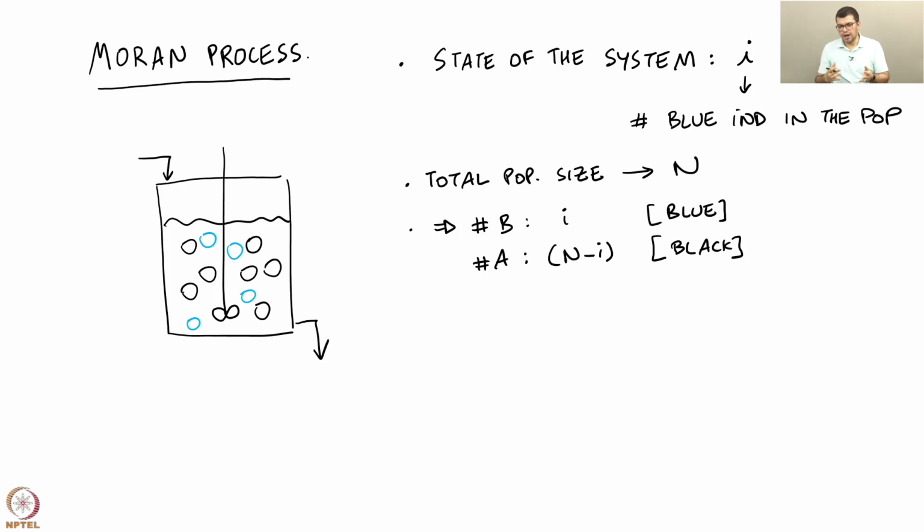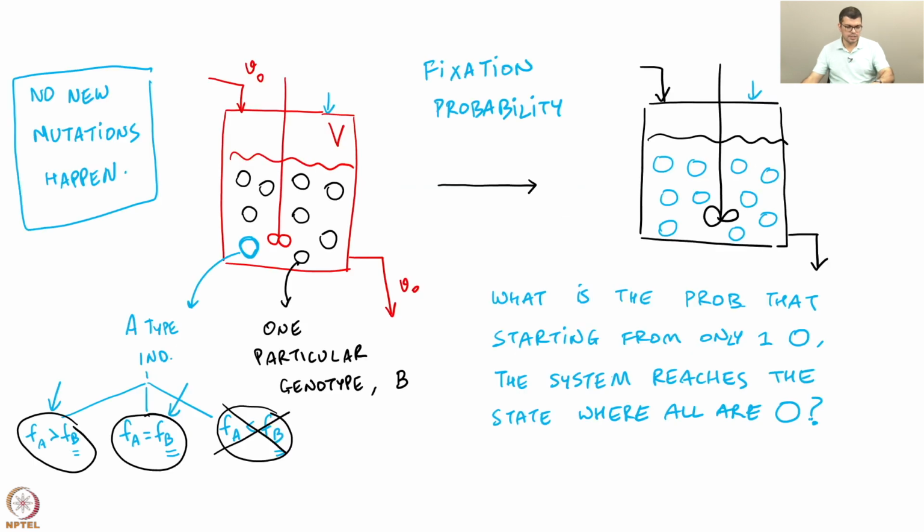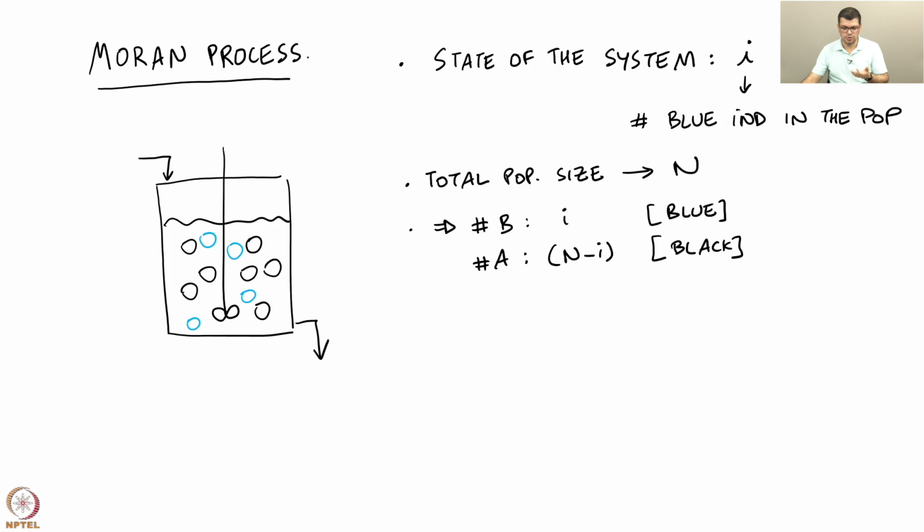And of course, if I is equal to 0, then we are talking of a state where there are only black type individuals in the population. If I is equal to 1, then we are talking of this state where only one blue individual has come in the population, and so on and so forth. I equal to n means that there are only blue type individuals in the population.